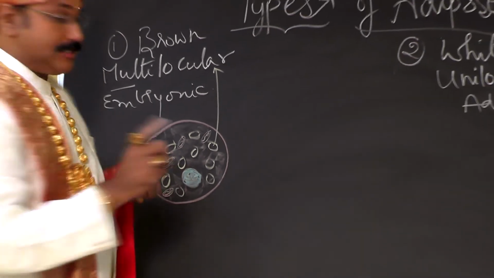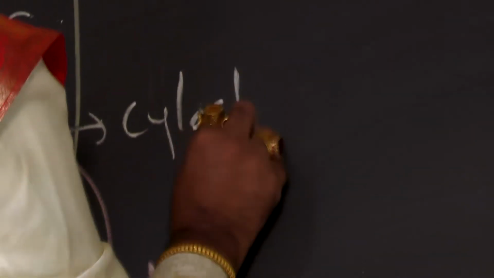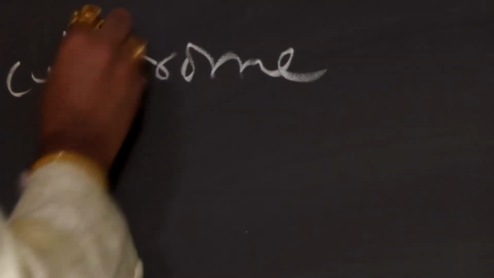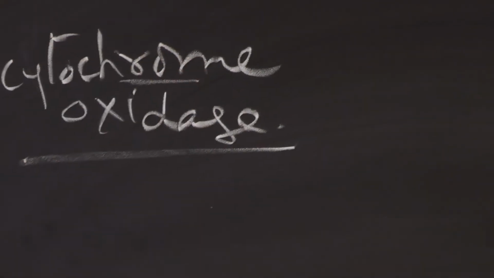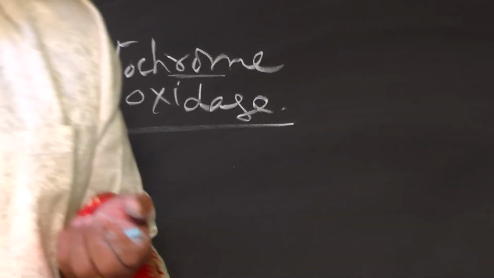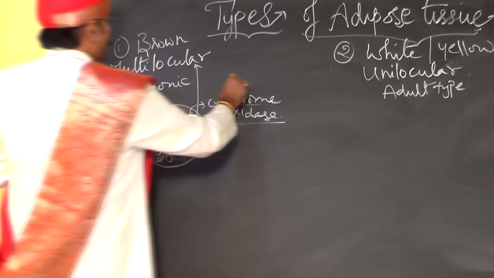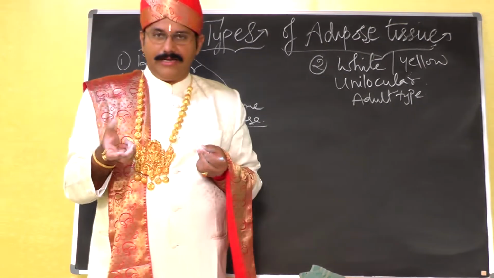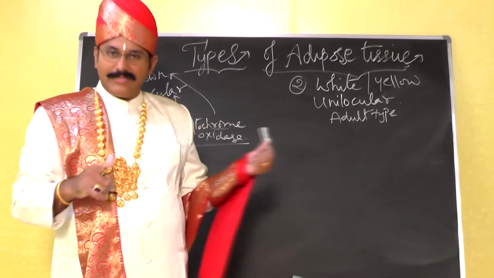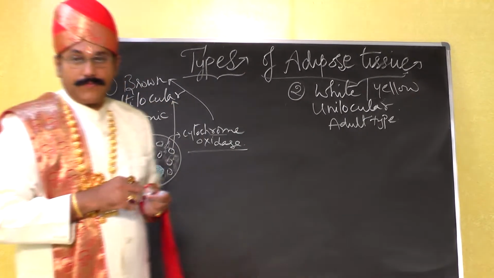The mitochondria in this brown cell are rich in cytochrome oxidase. Cytochrome oxidase is present in a good quantity in the mitochondria. This imparts the brown color to the fat. So we call this brown fat because it appears a little brownish in color, because of the cytochrome oxidase present in the fat cell.